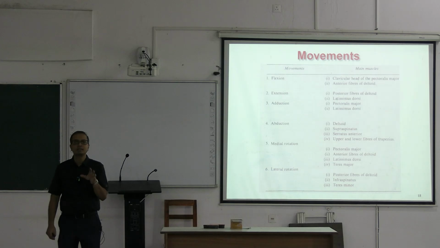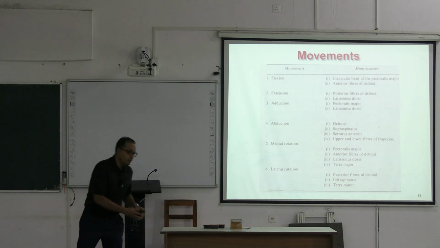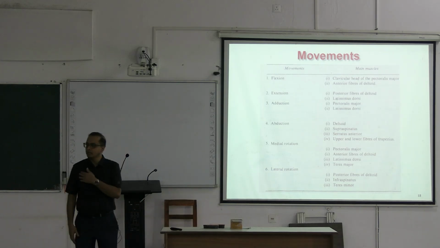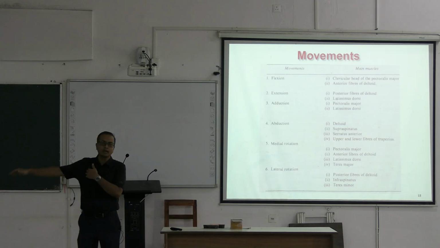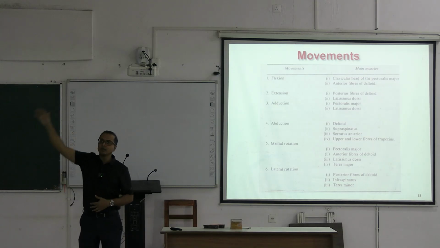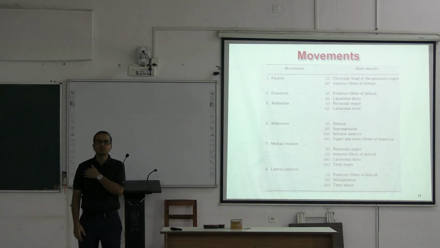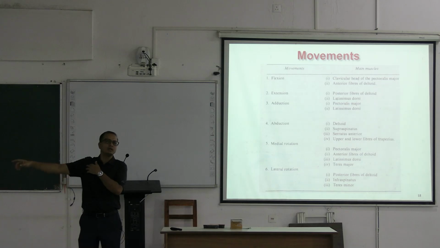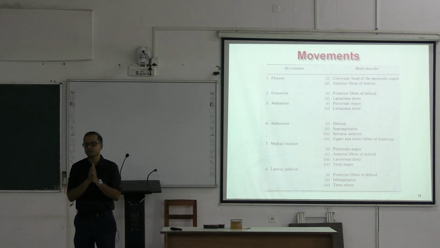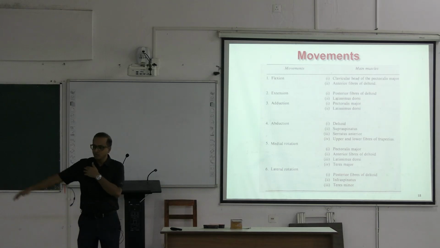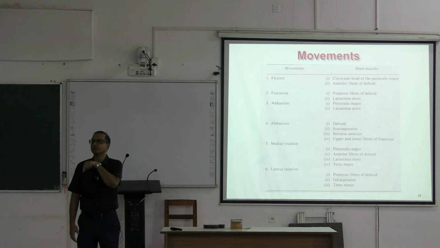Abduction needs more explanation. Abduction has three phases: the initiation phase, the middle phase and the final phase: 0 to 15 degrees, 15 to 90, and 90 to 180 and beyond. In the first 15 degrees, the movement is principally done by supraspinatus, assisted by deltoid.